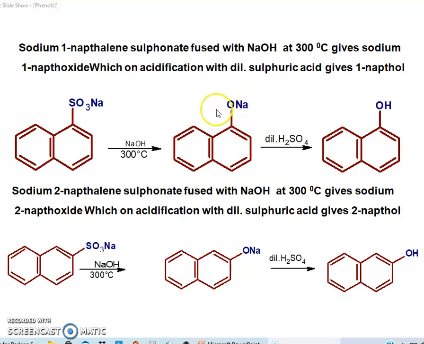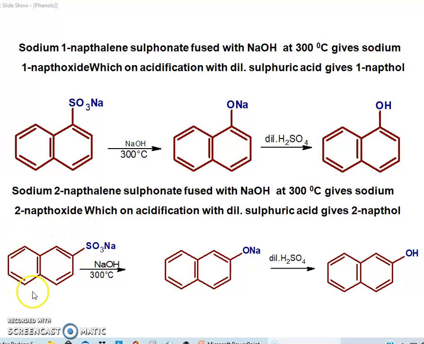And this sodium 1-naphthoxide is acidified with dilute H2SO4, then what happens? This O minus takes the proton from this acid and is converted to OH. The name is 1-naphthol, or another name is alpha naphthol.